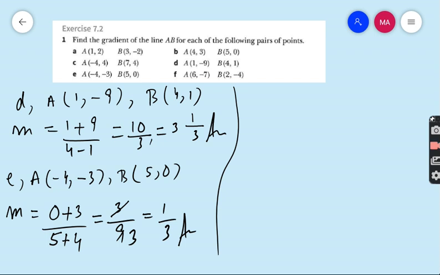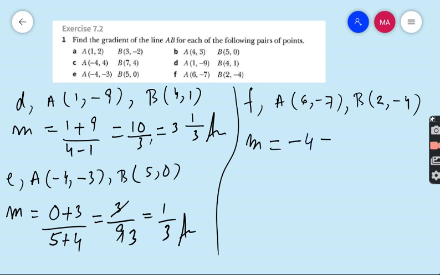Come to part F. Part F is A(6, -7), B(2, -4). Gradient is y2 minus y1. y1 has a minus sign, so it would be minus minus plus 7, upon x2 minus x1. 7 minus 4 is 3 and 2 minus 6 is minus 4.